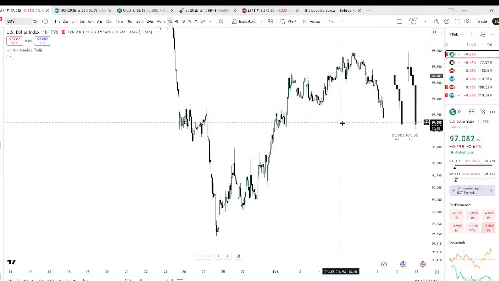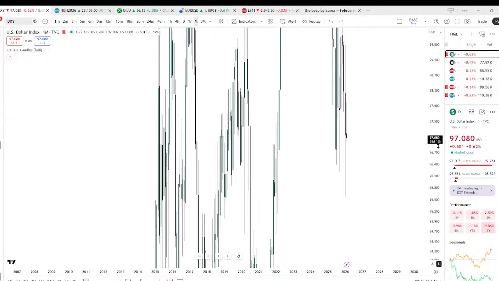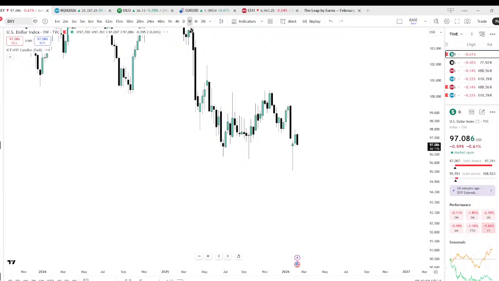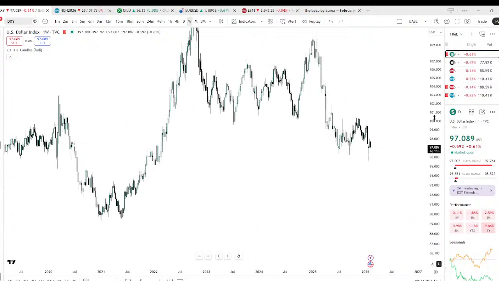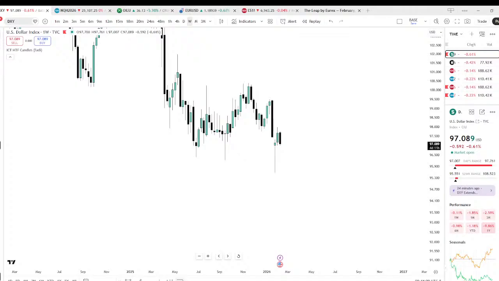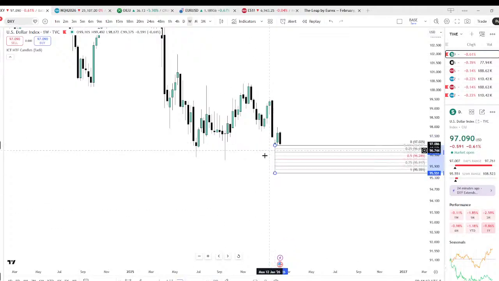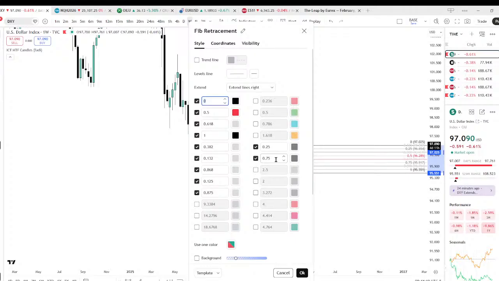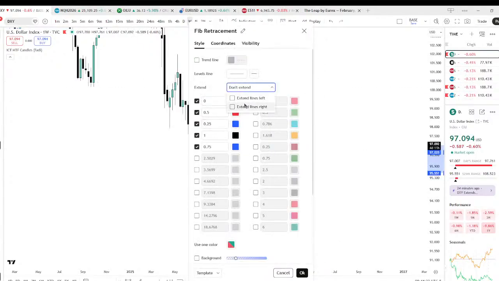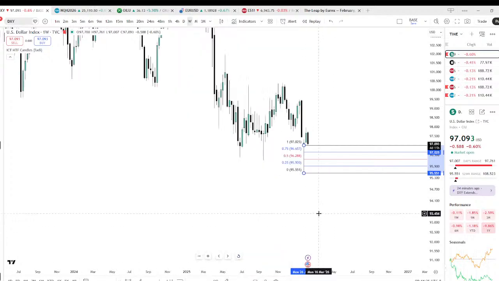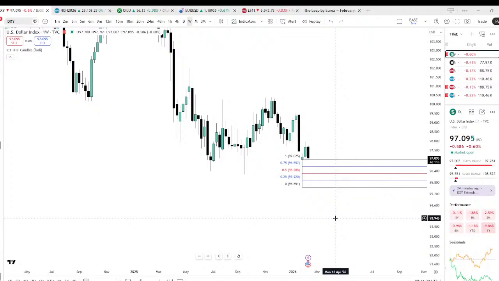Check out the dollar. Keep that in mind.